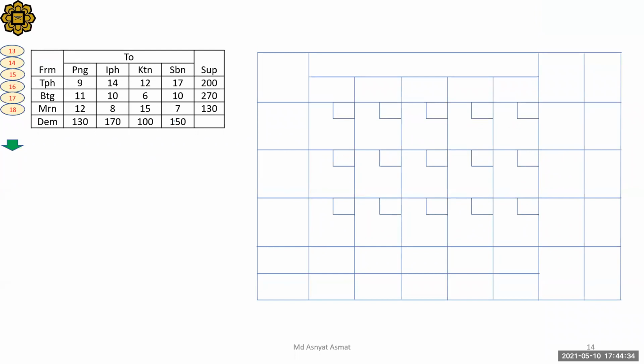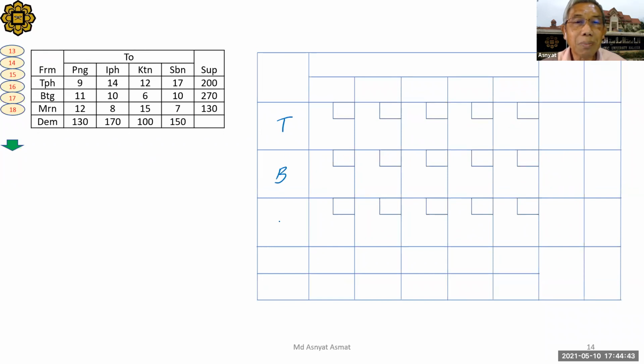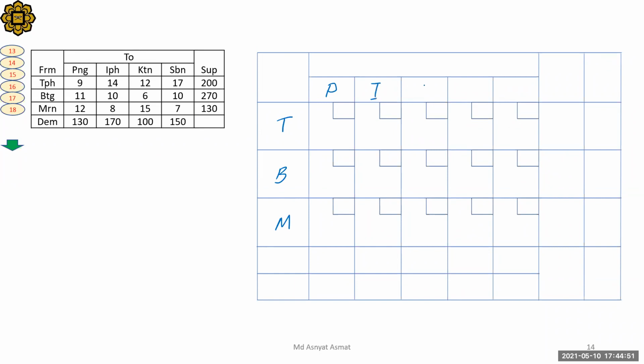So now we are going to do Tapah, Bentong, Maran, Penang, Ipoh, Kuantan, Seremban.